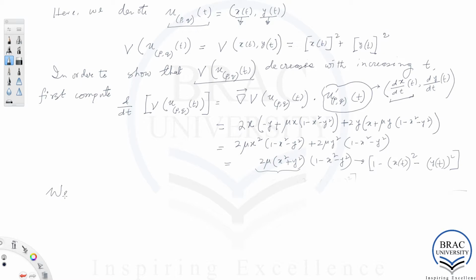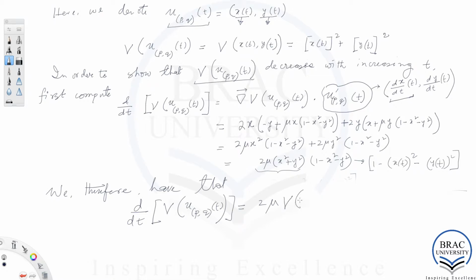So we therefore have that d dt of V of u sub p comma q at t is going to be equal to 2 mu times V of u sub p comma q at t times 1 minus V of u sub p comma q of t. This is our equation number 27.